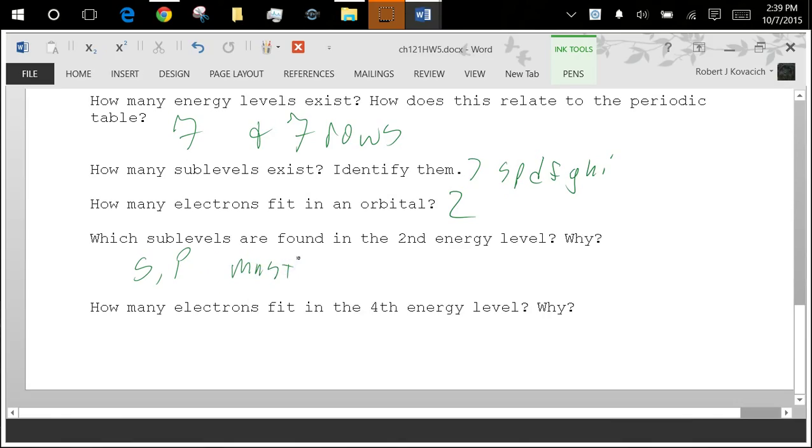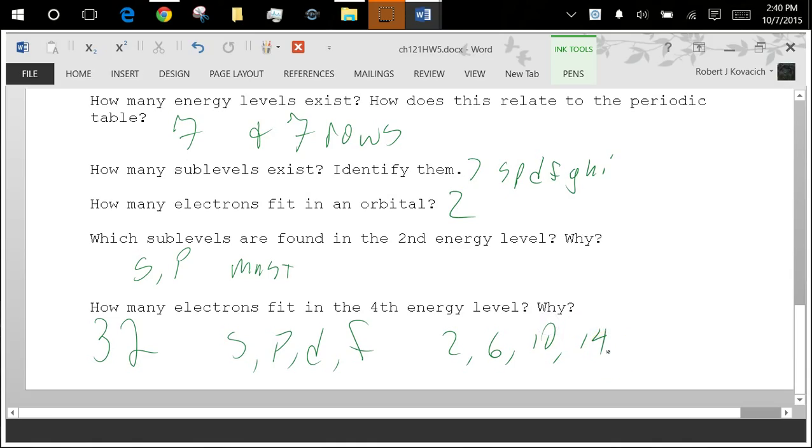How many electrons fit in that 4th energy level? 14. Two, because don't you have to add them all together? Yeah. There's an S, there's a P, there's a D, and there's an F. That's 2, 6, 10, and 14.